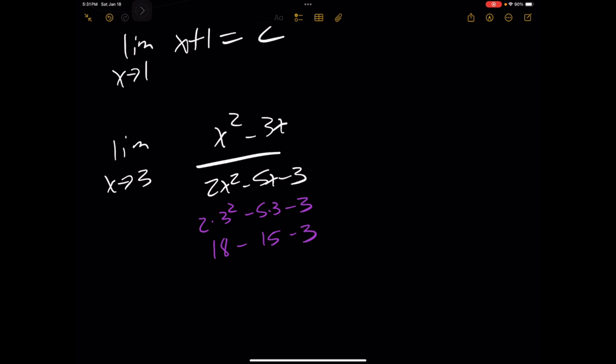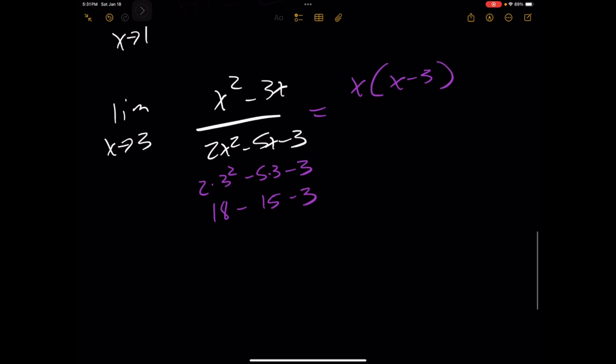So instead we do what we just did, we factor the top. I get x times x minus 3. I'm going to factor the bottom as well. Factoring the bottom, I'm going to multiply this 2 by this 3, and hold on to that 2. I get x squared minus 5x minus 6.